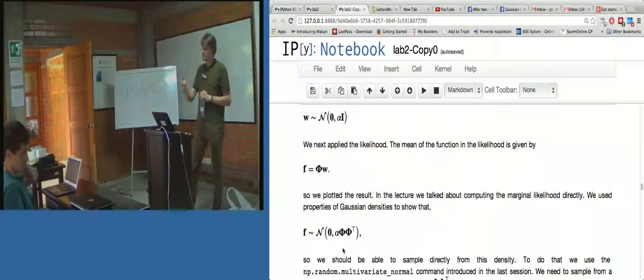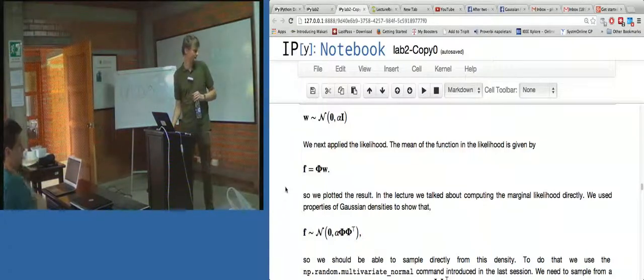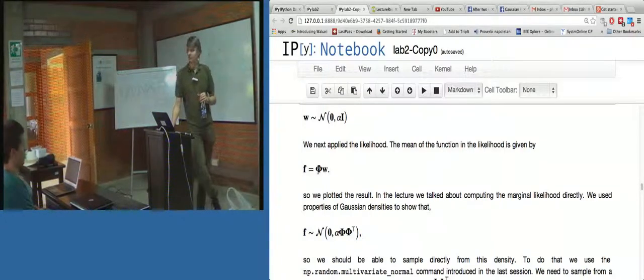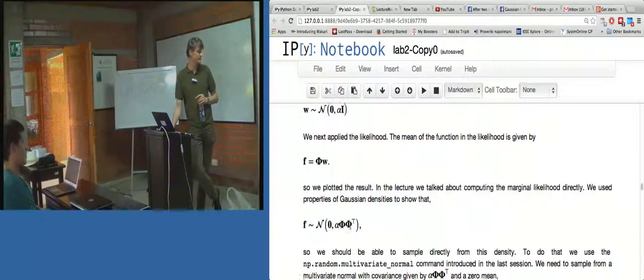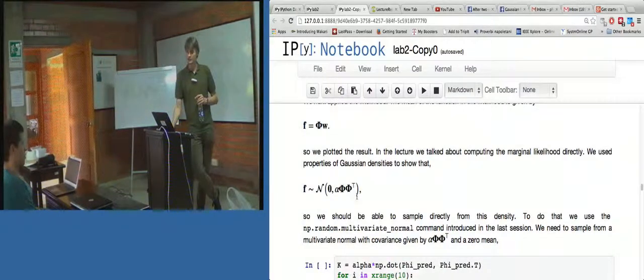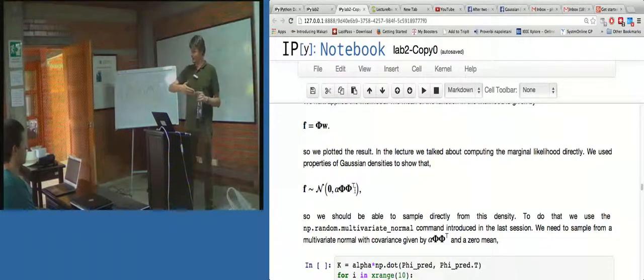But what we've just been saying in the lectures is, if we believe in multivariate Gaussians, which we do, then we know directly that F is drawn from this Gaussian density with this direct marginal likelihood. So we should be able to sample directly from that density.